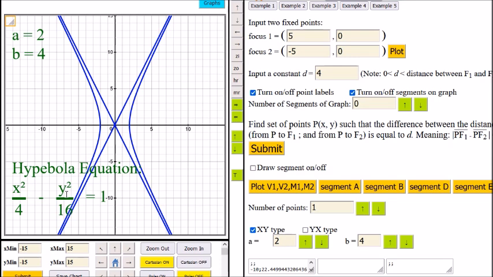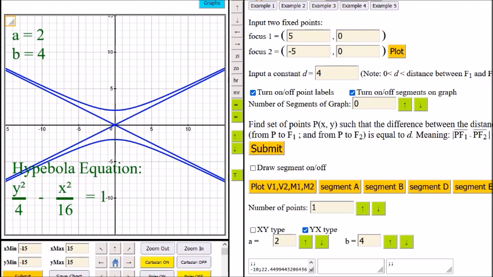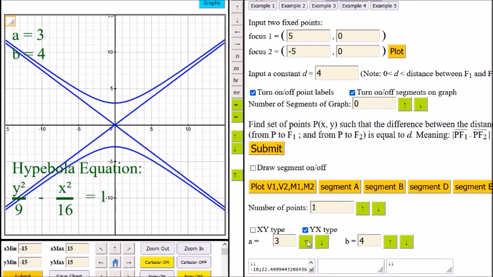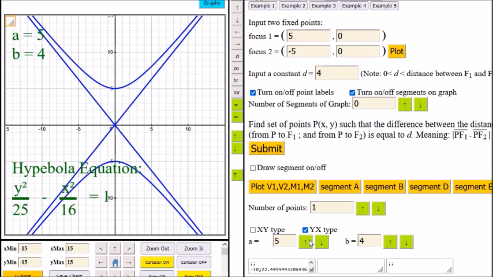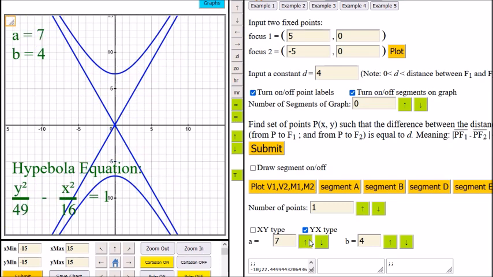And now let's do the type where we have y squared minus x squared. So this is the equation for y squared over 4 minus x squared over 16. So in this case a is 2 and b is 4. So again, let's change a, so a is 3, and see what happens in the graph.